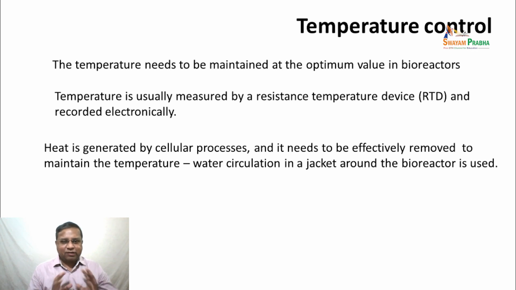You have a bioreactor vessel, say a cylindrical vessel. Concentric to that, you have another container through which water can be circulated at appropriate temperatures to maintain the temperature of the bioreactor contents. That's the way the temperature is maintained.